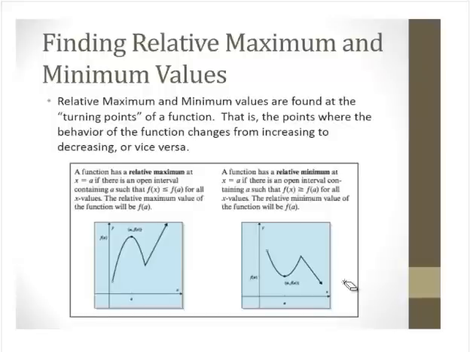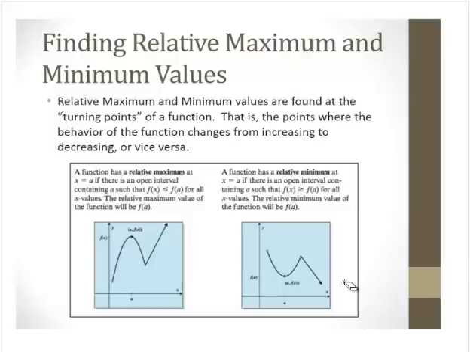Finding relative maximum and minimum values. So when dealing with graphs of functions, the relative maximum or minimum values are found at the turning points of a function. So those are the points where the behavior of the function changes from increasing to decreasing or vice versa.